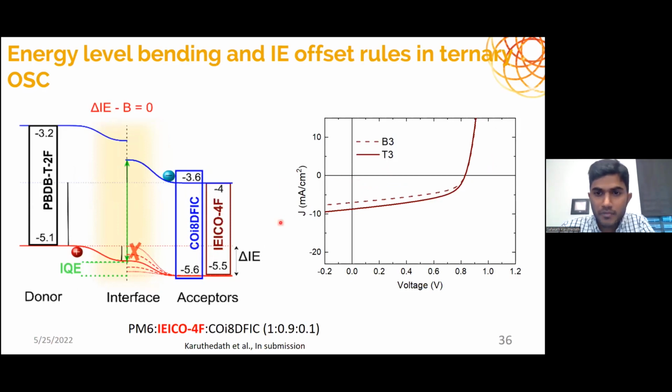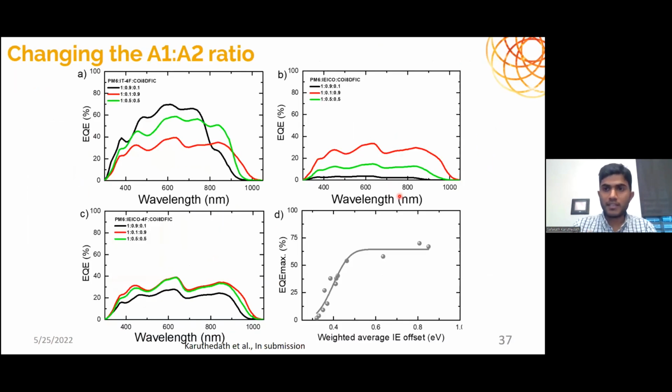So in this case, again, very similar, it didn't improve well. But to prove our concept that the average IE offset controls the efficiency, we changed the donor, acceptor 1 to acceptor 2 ratio, adding more Co-8 to the poorly performing IICO, the panel B. You can see that when you have less Co-8, the external quantum efficiency is low, but when you have more Co-8, it increases, even in the part where IICO absorbs, which means that there is charge generation from the IICO side.